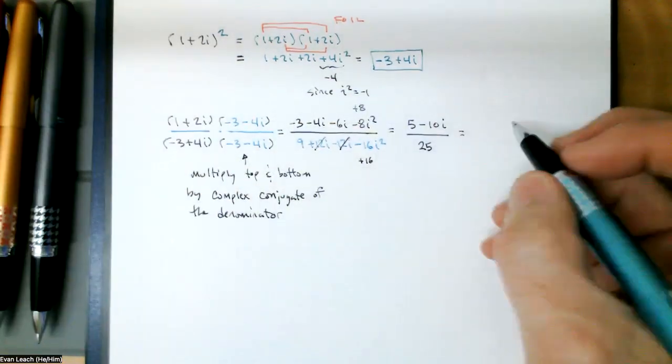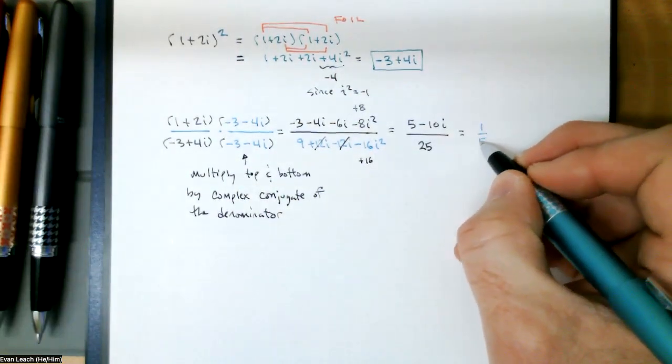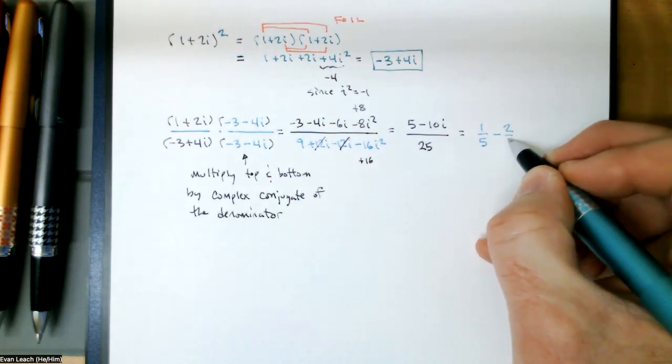And then we can divide. 5/25 is 1/5 minus 2/5 i.